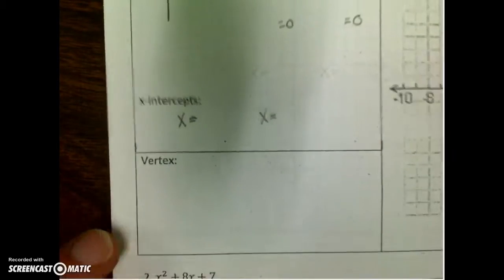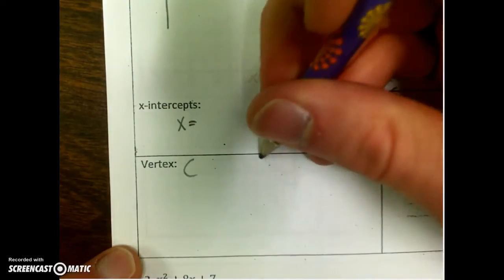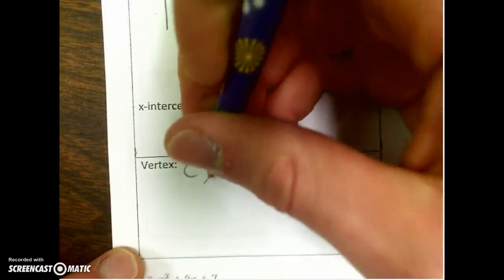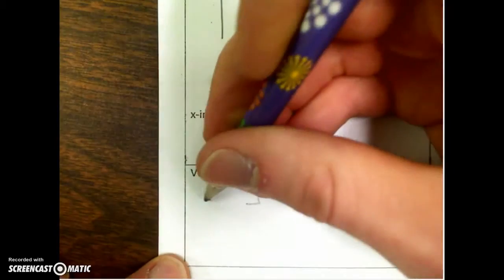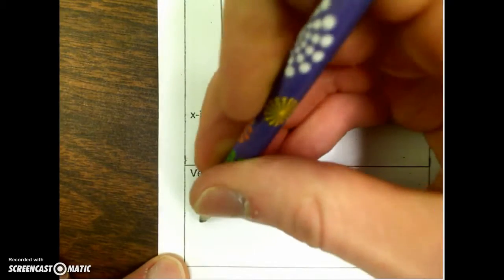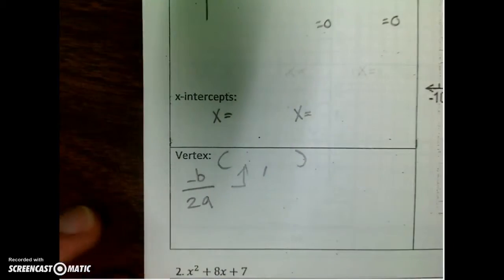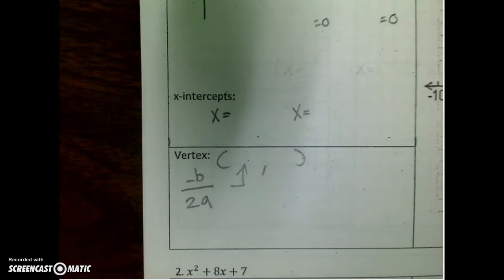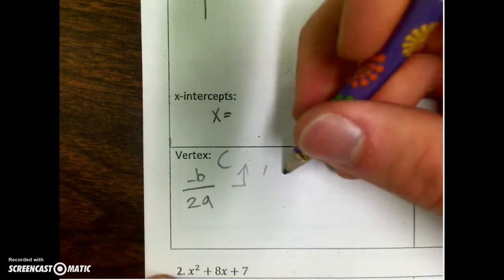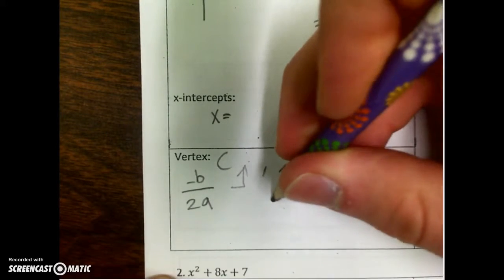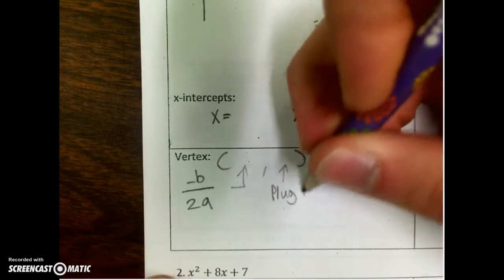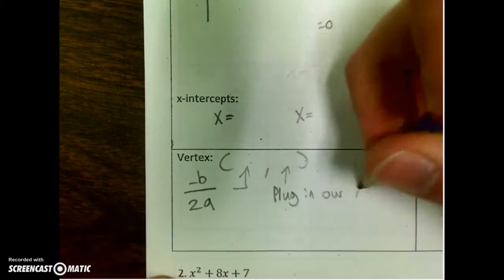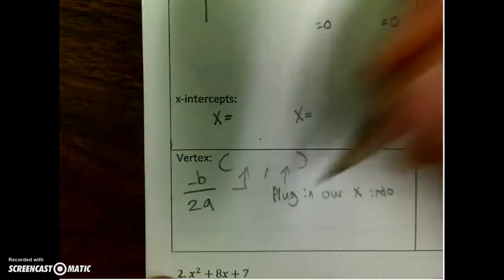For the vertex, remember that it's a coordinate point. And to get started, we need our formula of negative b divided by 2a. Negative b divided by 2a is what we're going to want to start off with here to find that x-coordinate. Now to find your y-coordinate, we know that we always plug in our x into the original equation.